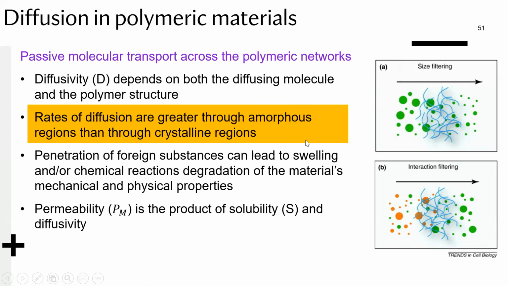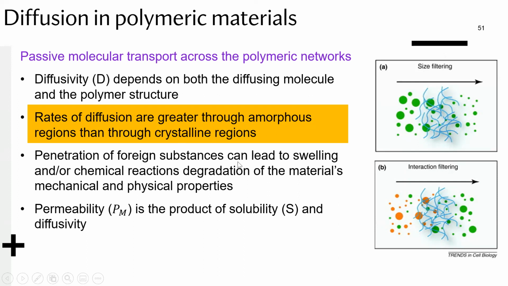Because typically the amorphous regions have lots more voids and imperfections, which leave room and gap for these mobile molecules to actually be able to squeeze through and find their way. If it's a perfectly crystalline structure, it's going to have a lot less imperfections, a lot less pores and voids for these molecules to pass through.